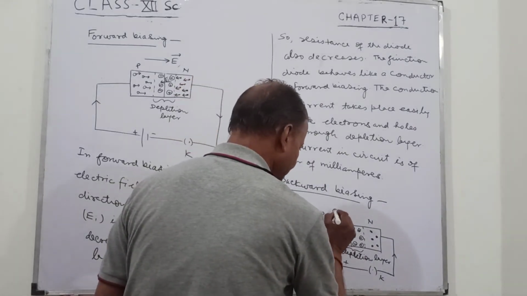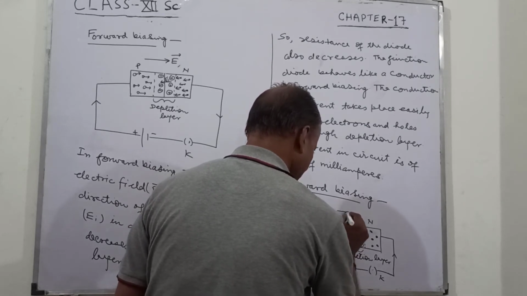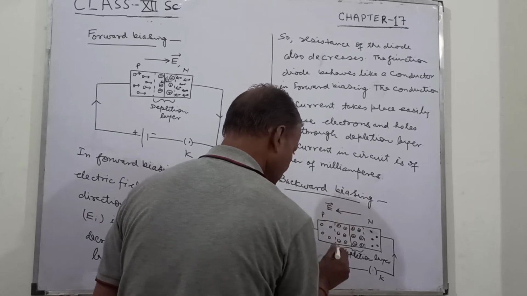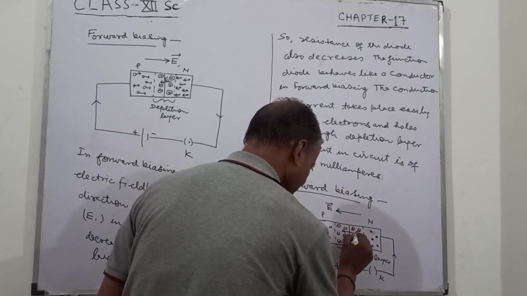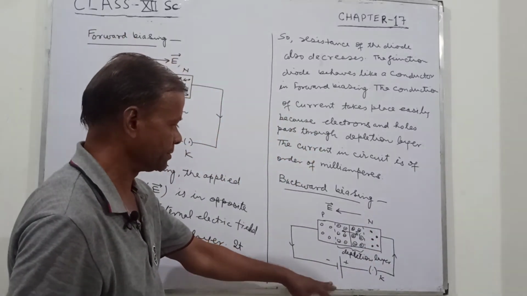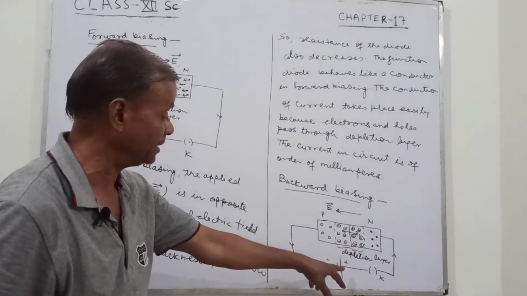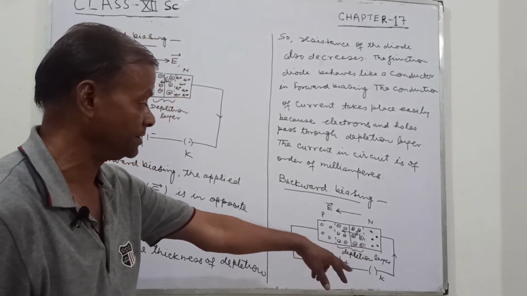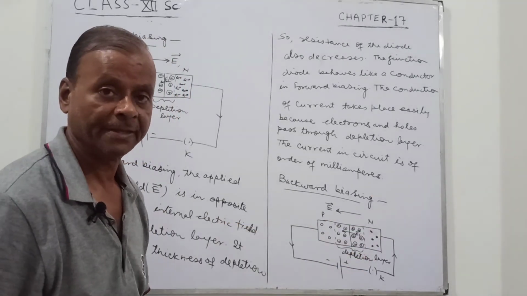The applied electric field is always in this direction. This is E. And here we have the internal electric field like this, EI. So when this happens, the applied electric field supports the internal electric field in the depletion layer. Because of that, the thickness of the depletion layer increases, and also the resistance increases.